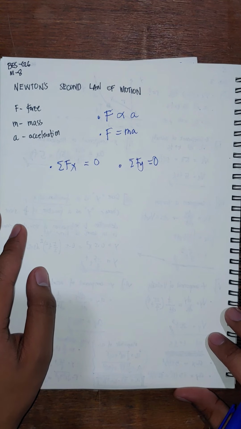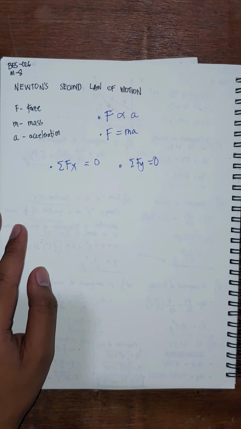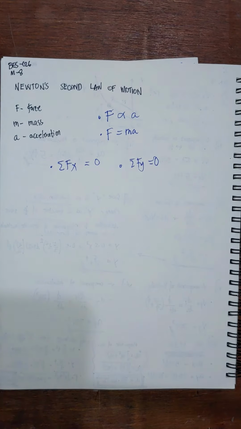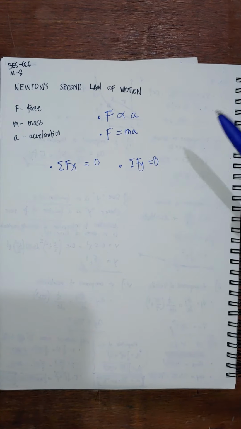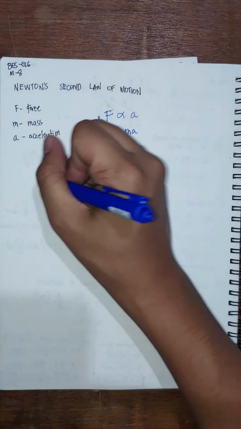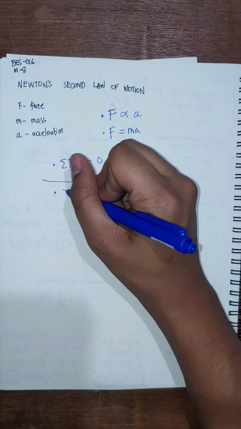Now, we are already talking about unbalanced force. When an object is not in balance, meaning it is not at rest, it moves. The object starts to move based on the force applied to it and also its mass. So when we get to dynamics, we have unbalanced force.